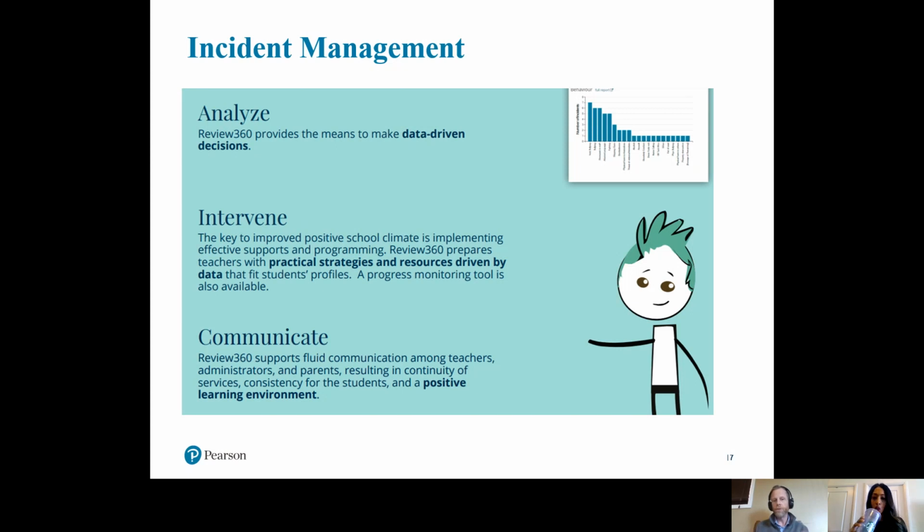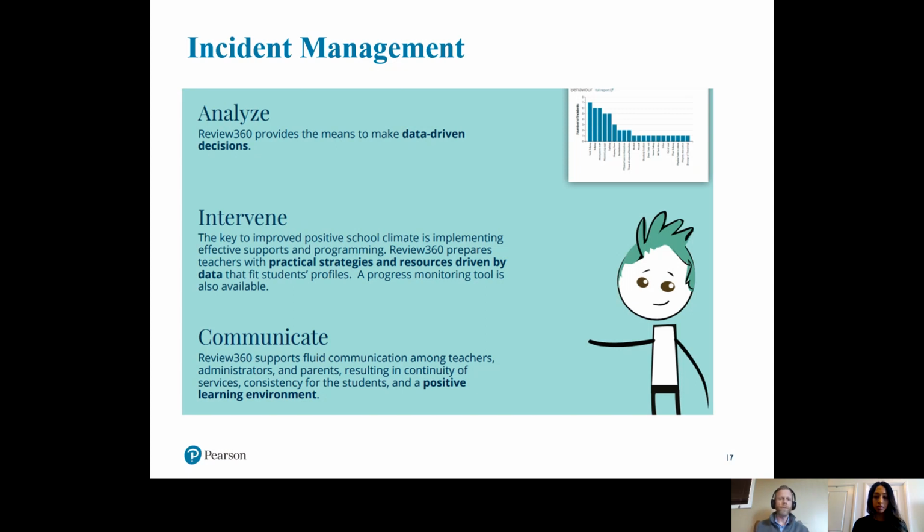And if not, we're able to put in place those interventions and strategies that are recommended within Review 360 and monitor the effectiveness of those intervention strategies for that particular student, or for perhaps a group of students that we may be working on to deliver a common plan, let's say social skills strategies, so that we can then track the overall group improvement.